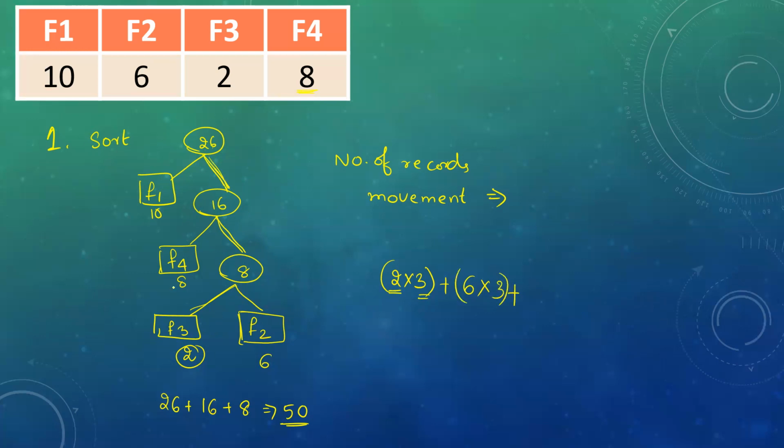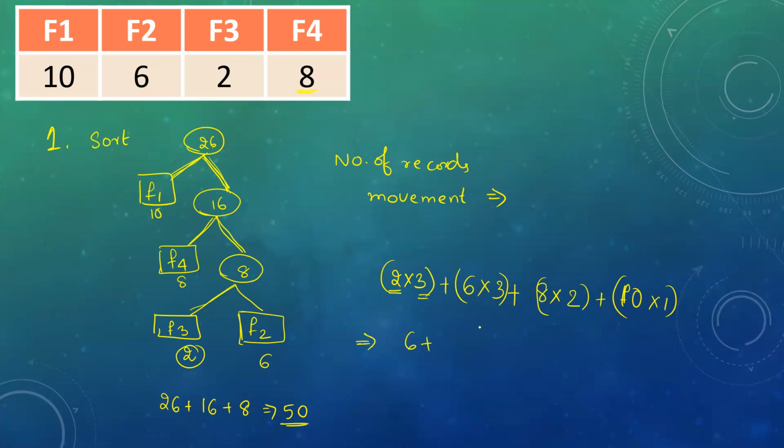And then next is F4. How many times is it moved? This is one time, and then the distance is 2, so 8 into 2. And then F1 is moved only once, so F1 is 10, 10 into 1. So you can see from this that the files consisting of a larger number of records are placed at the last to reduce the number of record movements.